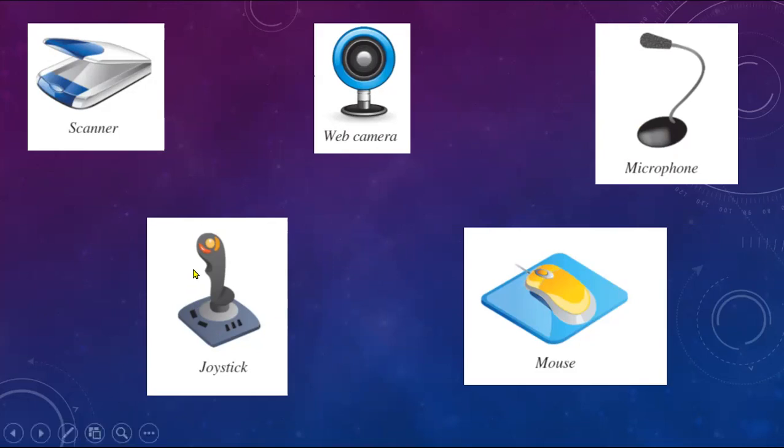The next device is very famous, and you know it well. This device helps us to play games and move things in the computer. This input device is the joystick. The last input device is the mouse. This mouse helps us to move things in the computer.